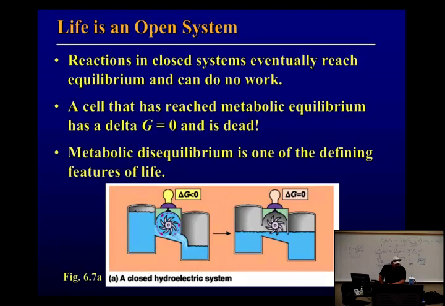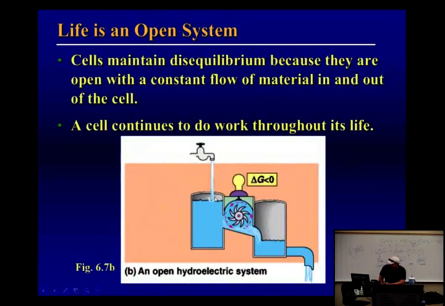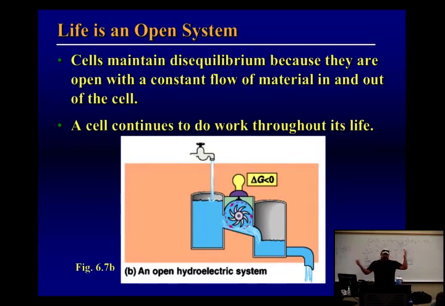So where do you get your external input of energy? The sun. Yeah. So it's like if you opened up this container and allowed water to flow in it, as long as that water's flowing, it keeps this at a disequilibrium, and so delta G is never zero, and so life can go on.